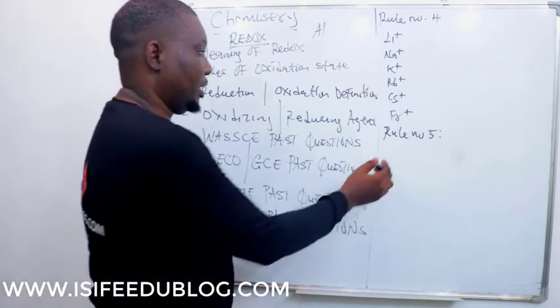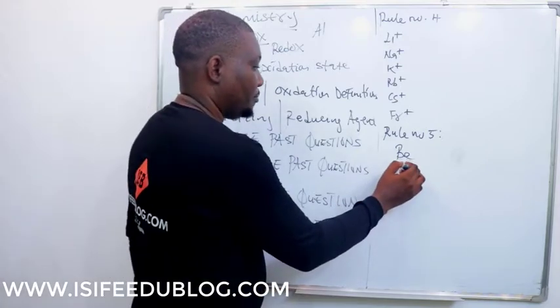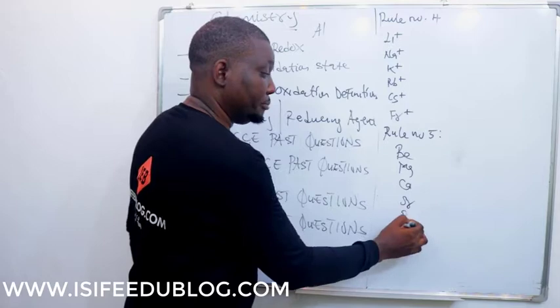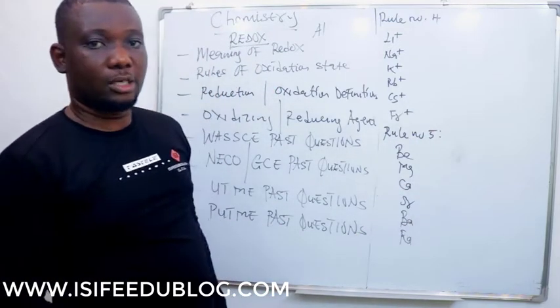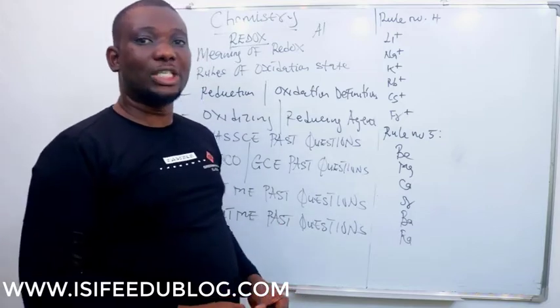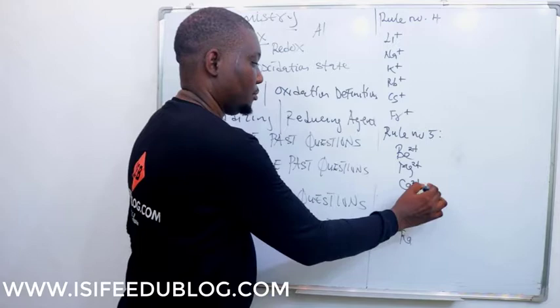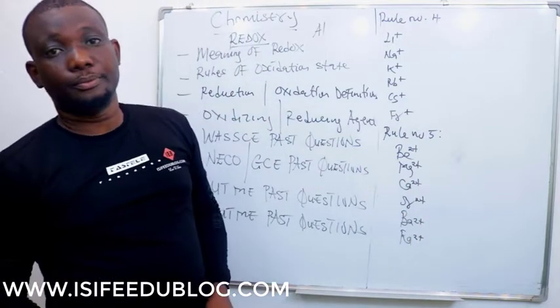We'll take a look at that immediately. We have the first element in that group, which is beryllium. We also have magnesium, calcium, strontium, barium, and radium. Since they are in group 2, they all have an oxidation state of +2 in their compounds. That is that rule.